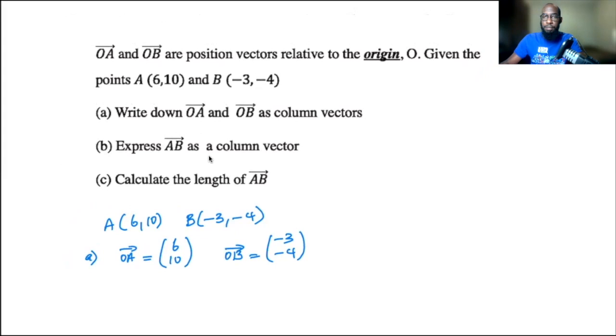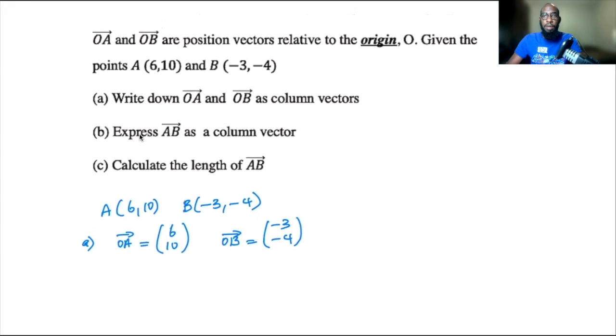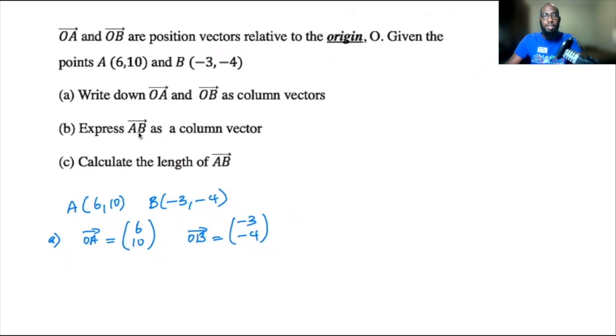Let's deal with part B now. Part B tells us express AB as a column vector. So we need to find out what AB is. Sometimes the question gives you a diagram, and from the diagram, students calculate AB or CD, whatever two vectors they give you. You don't need a diagram.